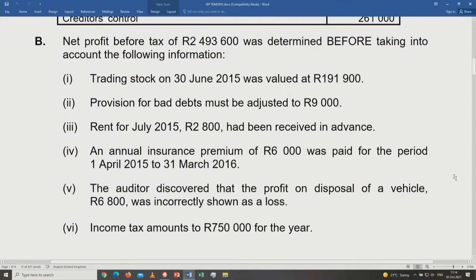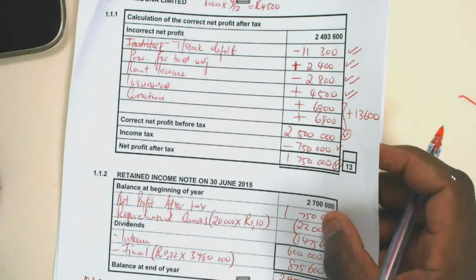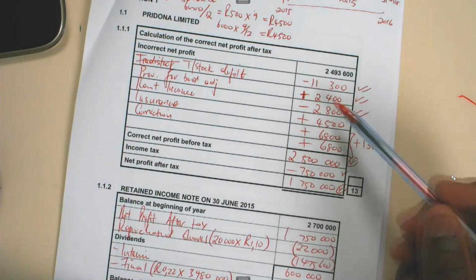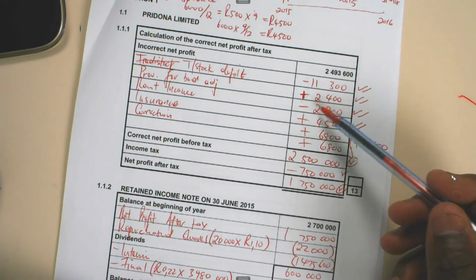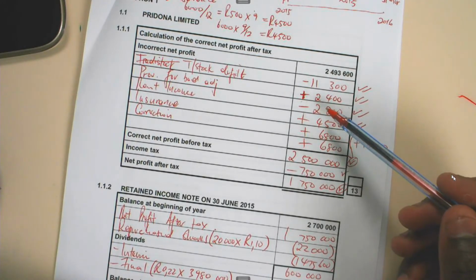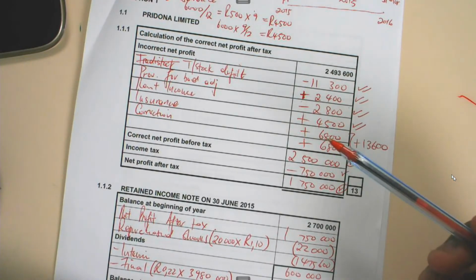Right. Then you go back to your income statement. Remember, we had provision for bad debts of 2,400 rand. Now, 2,400 rand that we have added back.